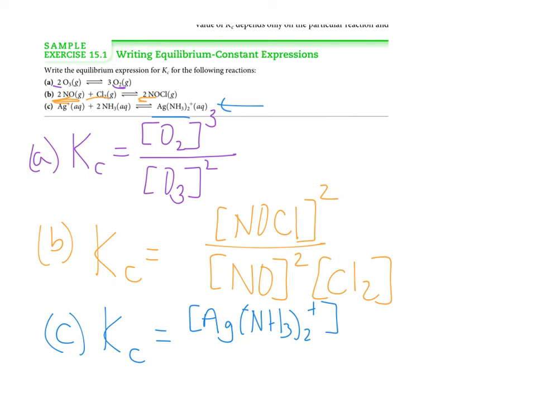The coefficient here is 1, there's nothing in front of that, so no power over here, it's the first power, divided by our reactants, concentration of our silver ion, which is to the first power, multiplied by the concentration of NH3, our ammonia, not ammonium ion, ammonia, and that is raised to the second power because the coefficient of ammonia is 2. So those are 3 equilibrium constant expressions for these 3 reactions.